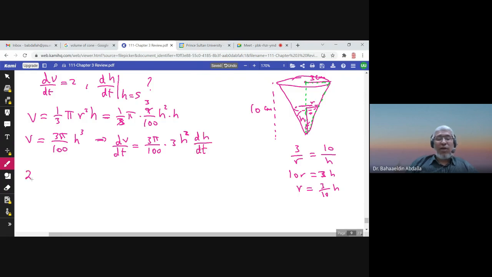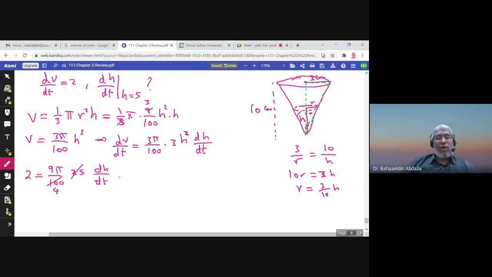And now dV by dt is 2. 3 times 3 is 9, I can write this 9. h squared, h is 5 as given, so 5 squared, h squared is 25. And I need to find dh by dt. 25 by 100 is 4, 100 by 25.